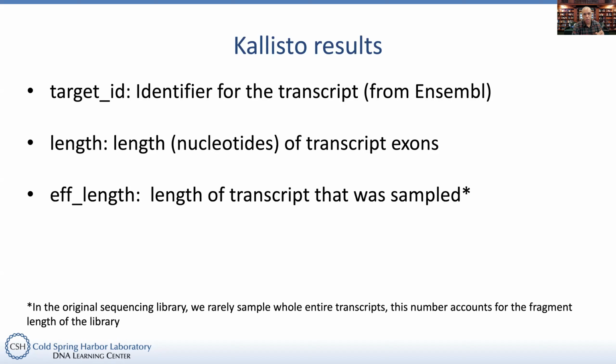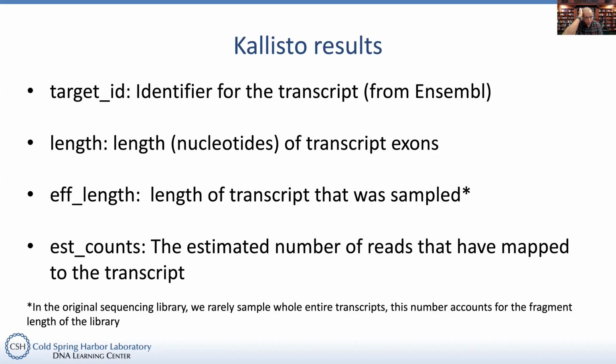So we usually chop up the DNA even before, forget about sequencing reads, when we're preparing our sequencing library, we usually chop it up to something like 300 base pair fragments. So there is some accounting for that in the effective length of what we actually have sampled.